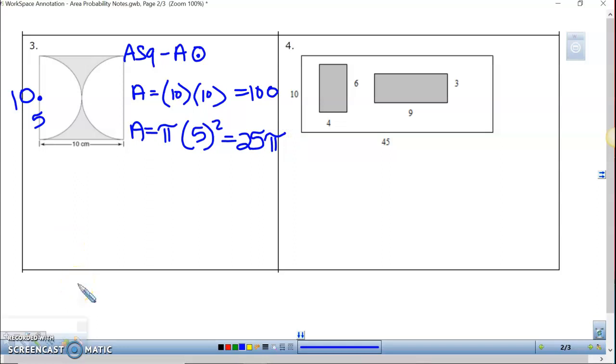Okay, when we are dealing with probability, we don't leave things in exact form. Okay, so 25 pi is approximately 78.54. All right, now we're going to subtract those, right? We need 100 minus 78.54 to get what we want.